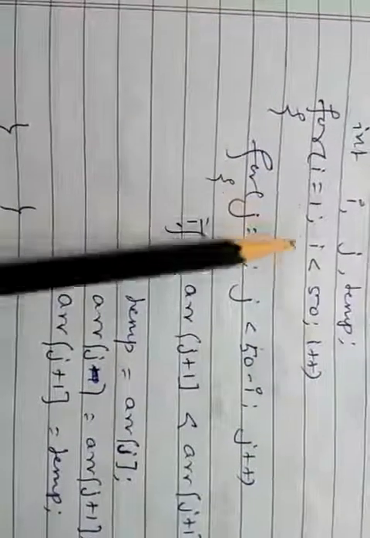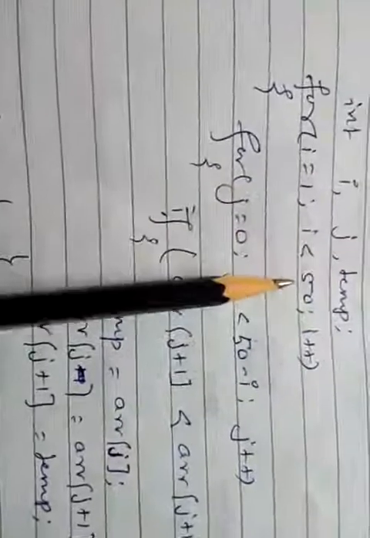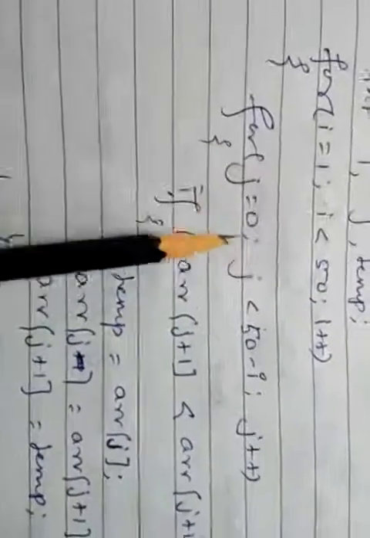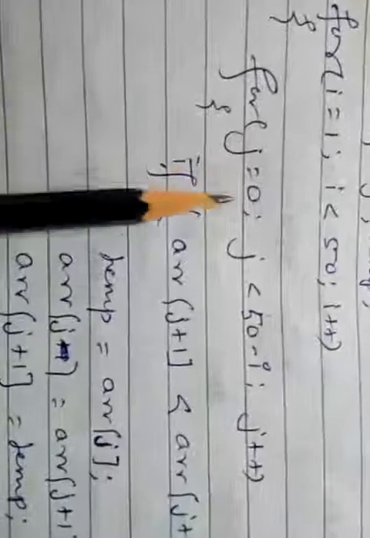Here we are writing the code of bubble sort for sorting the array in ascending order. Yesterday we explained the code of bubble sort. So i will start from 1 till less than 50, because the number of passes will be one less, so this will not start from 0. The second loop will be j equals 0, j is less than 50 minus i, j plus plus, and only the j variable will be used.